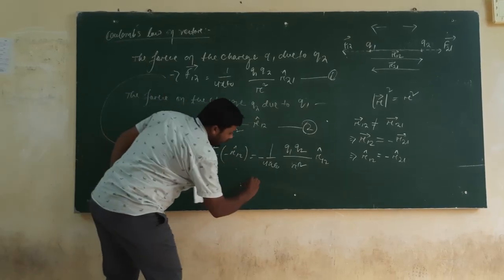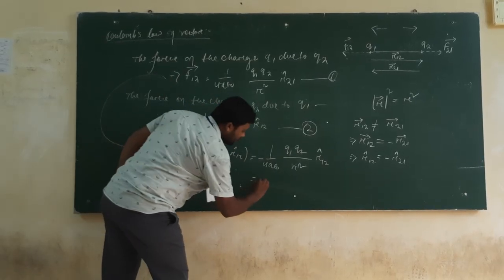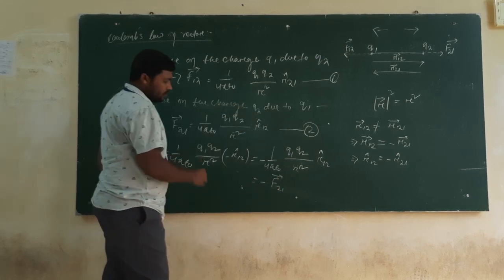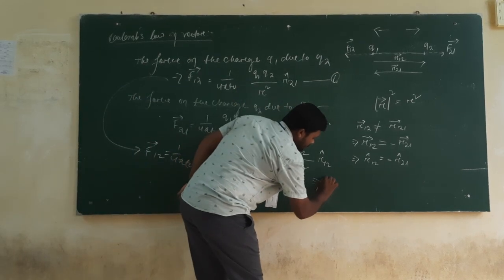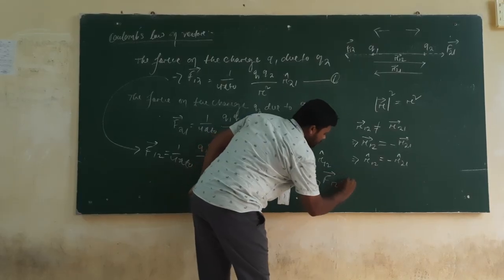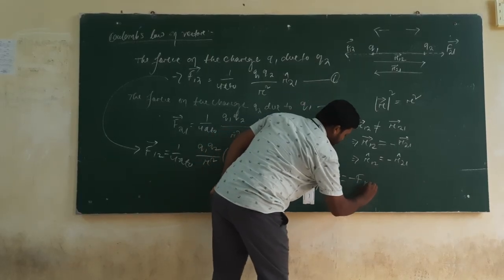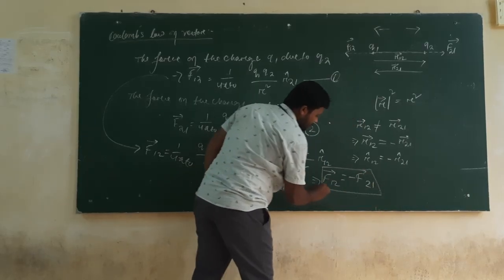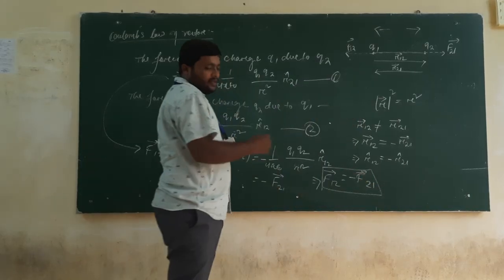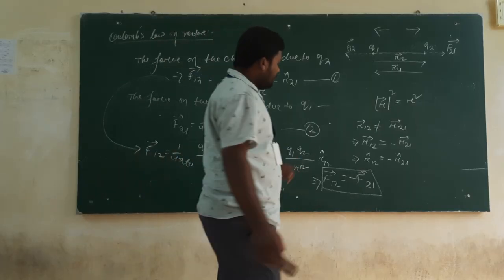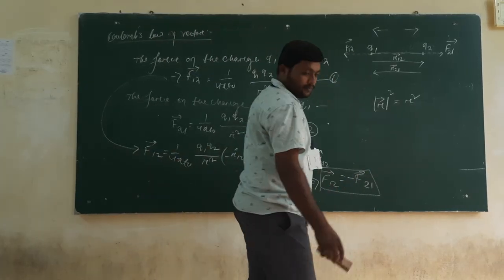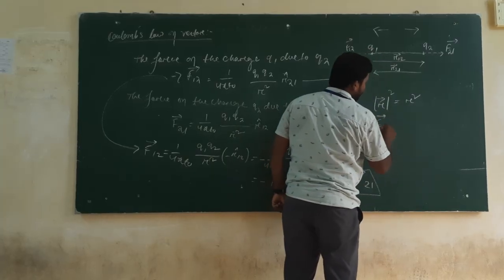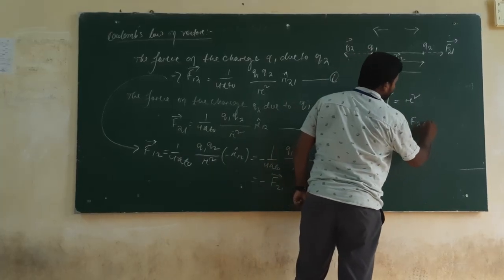It can also be written as F12 vector is equal to minus of F21 vector.